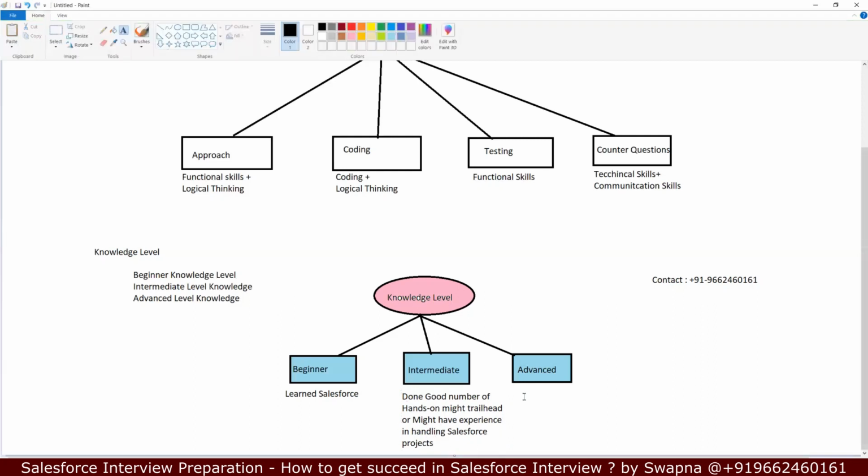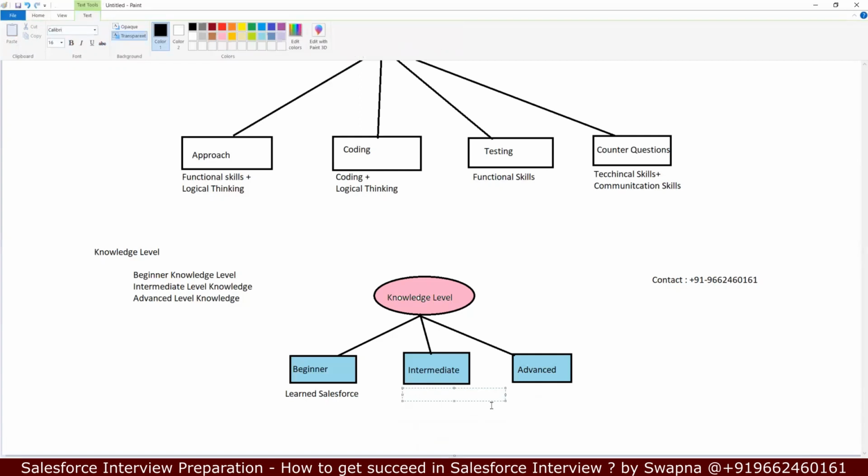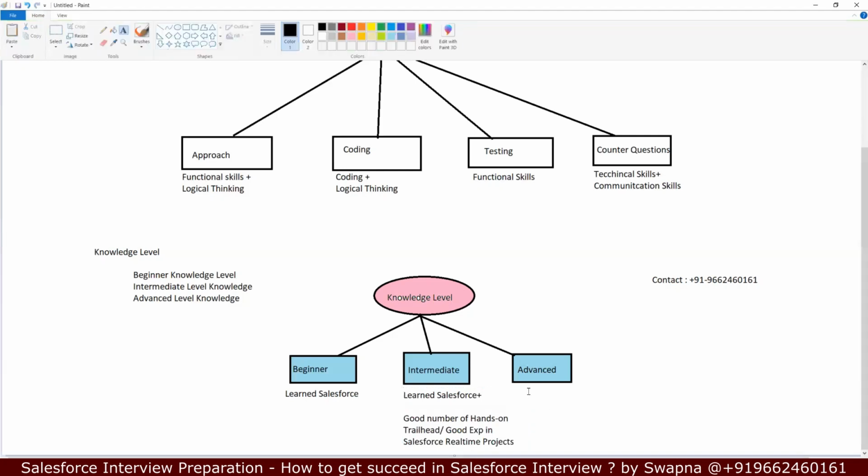Then what about the advanced? Advanced is: they have learned Salesforce plus done a good number of hands-on, on Trailhead or good experience in Salesforce real-time projects, right?